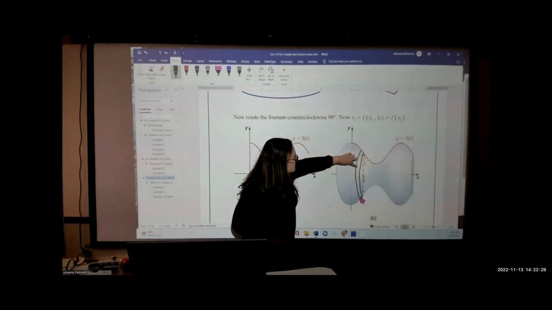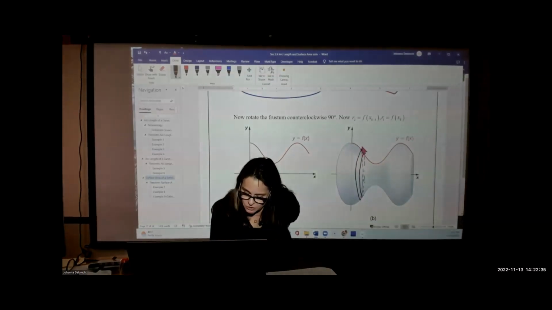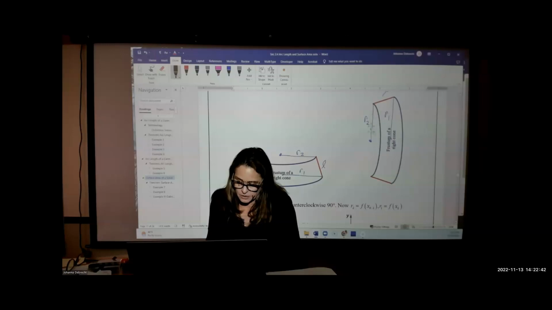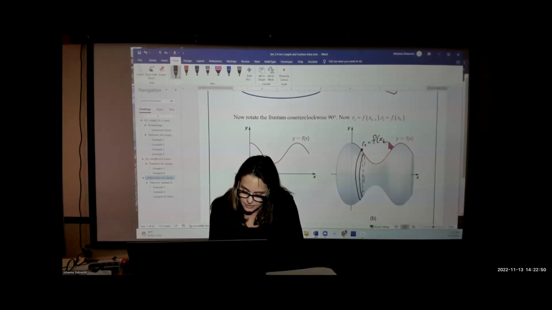But this distance here is our R1. So this value right here, and of course I've tried to draw it sort of like 3D. This is going to correspond to our R2, which is this right here from the center up, from where it was revolved up. So this is R2, which is f of x sub k minus 1.